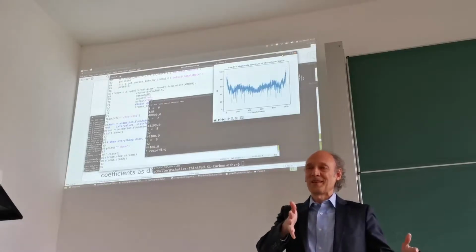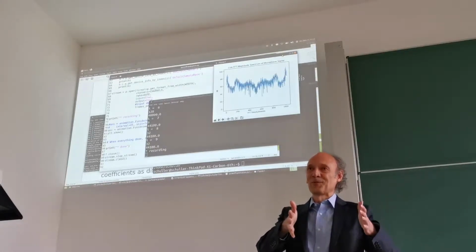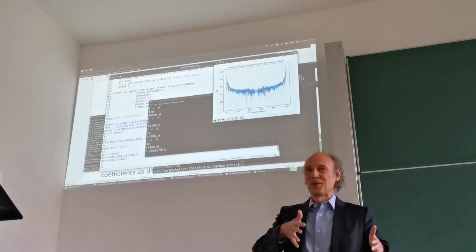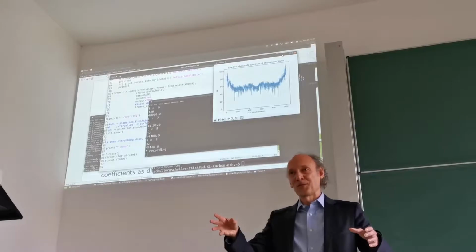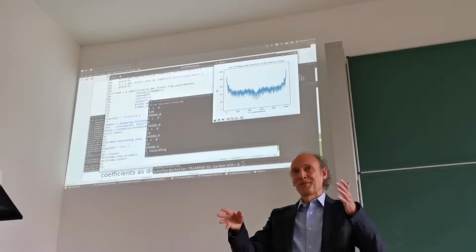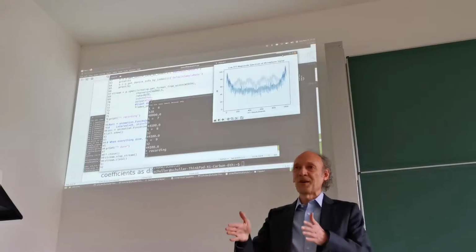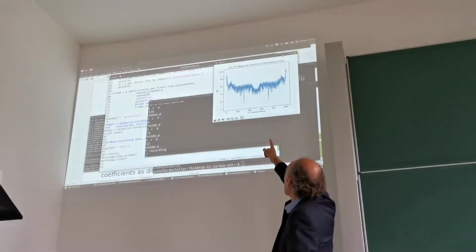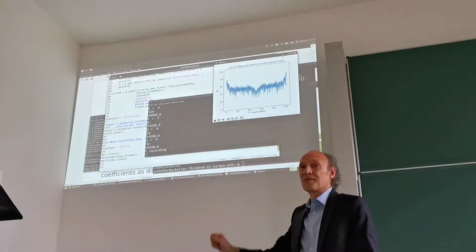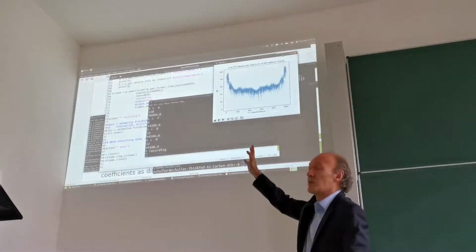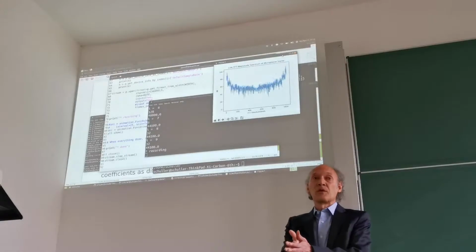Capital N was 8, Nyquist was 4. Now we have capital N is 1024. 512. Exactly. So it's always half. And that's why it appears in the middle. So we have the symmetry around the middle, because that's where the Nyquist frequency is.